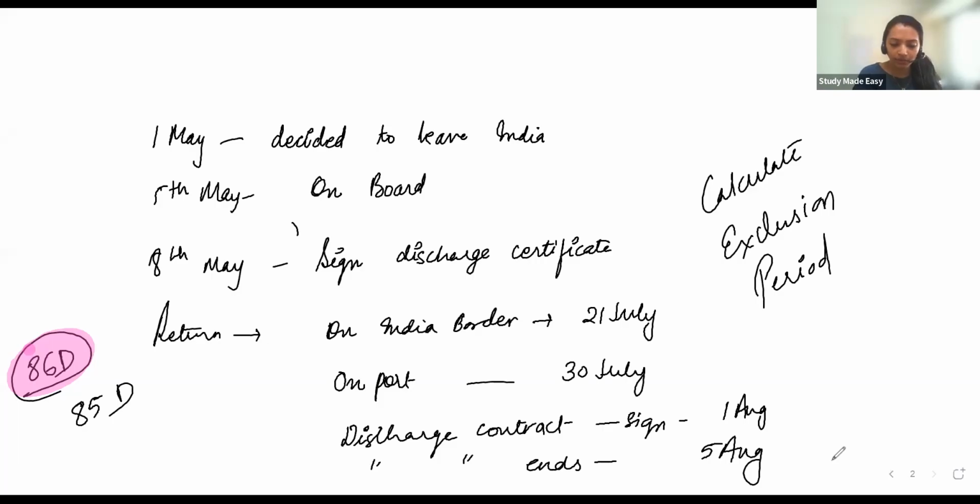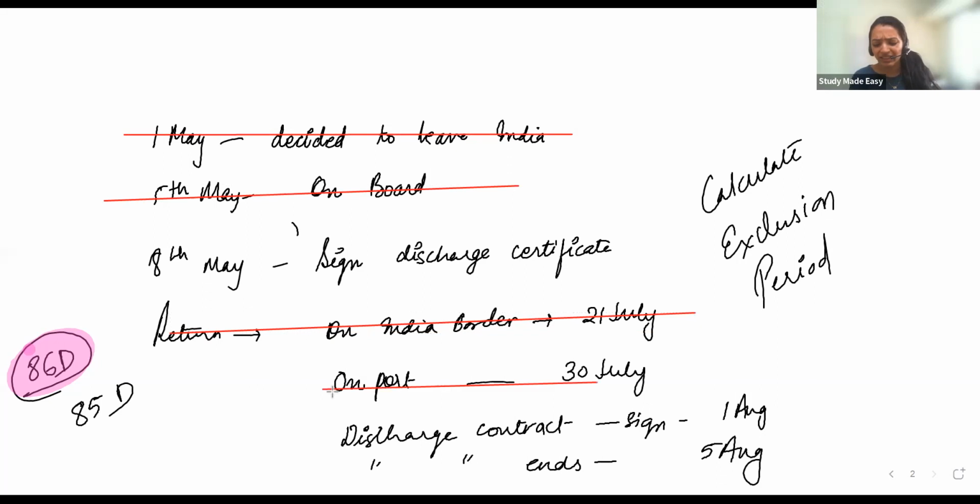Also one concept. When he signs the discharge certificate and when he comes back and signs the discharge certificate, the rest is irrelevant. Everything is irrelevant here. I'm not concerned about this. This is irrelevant.